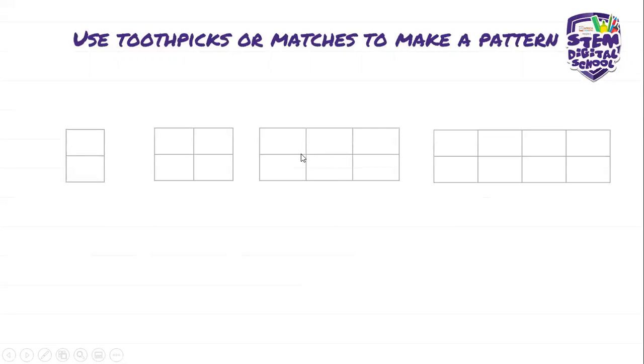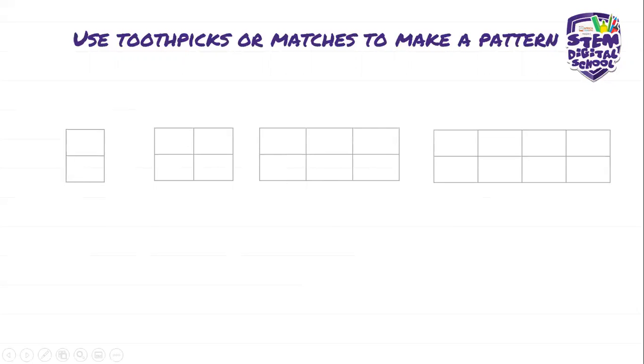So in order to demonstrate the number of patterns, what I've done is that I've said that this one here will be the first diagram which we have drawn out of toothpicks, and the second one here, the third and the fourth. So that is what I've done.